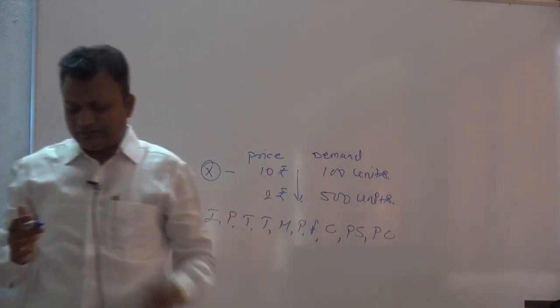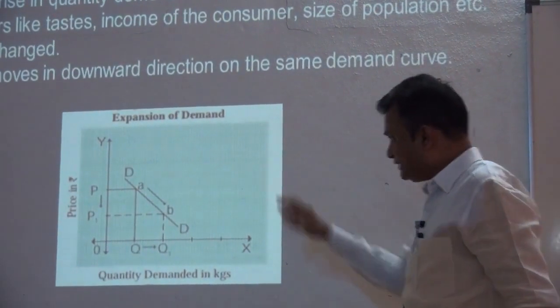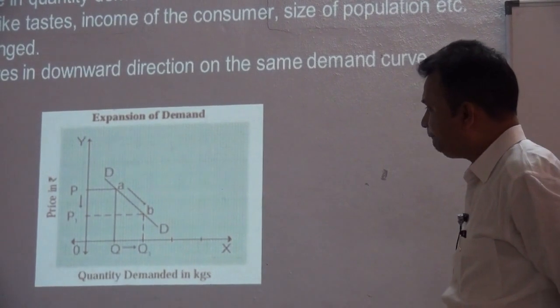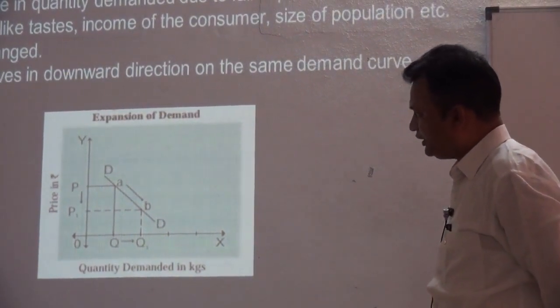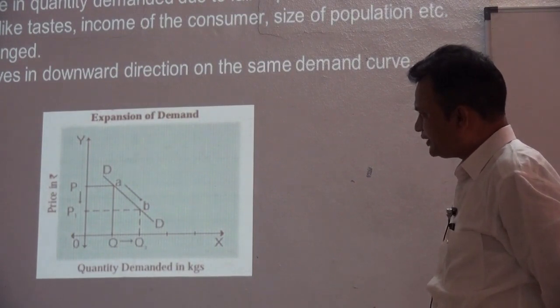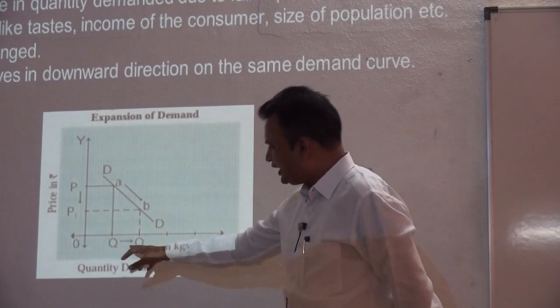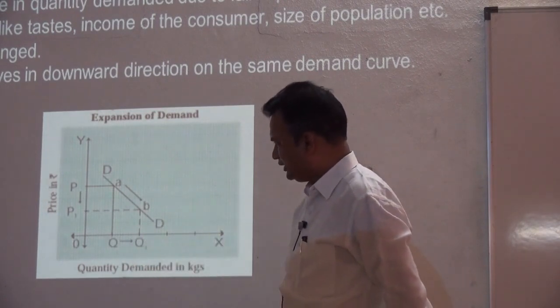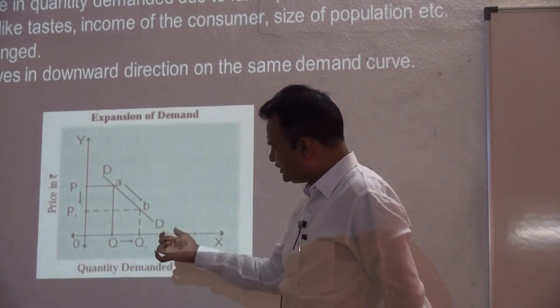We will be able to understand this concept by taking into consideration this diagram. This diagram explains the expansion of demand. In this diagram, the y-axis represents price of the commodity in rupees, and the x-axis represents quantity demanded in kg. When the price is OP, at that time OQ units are demanded.